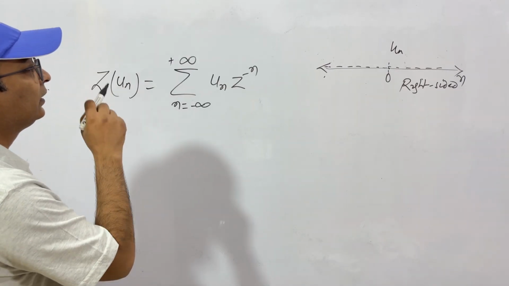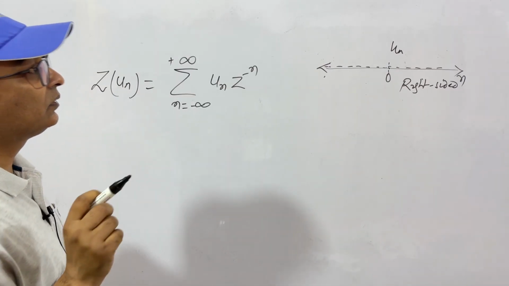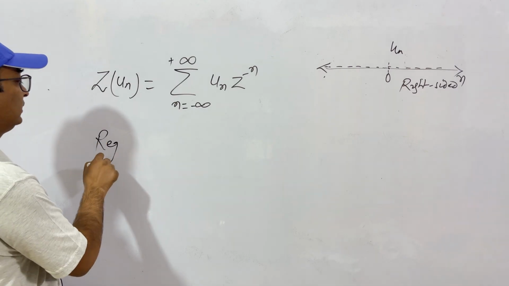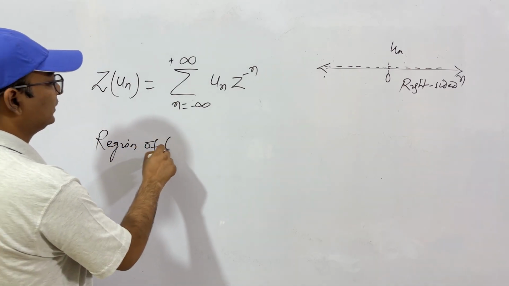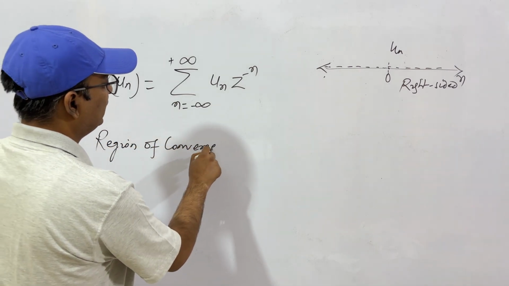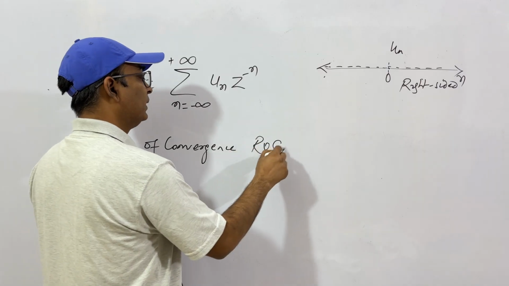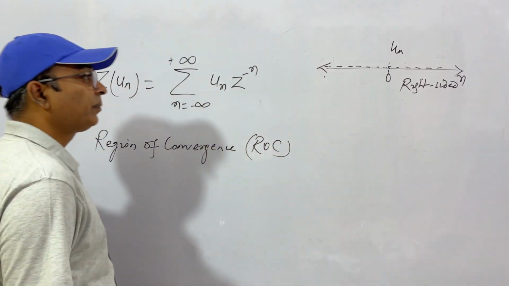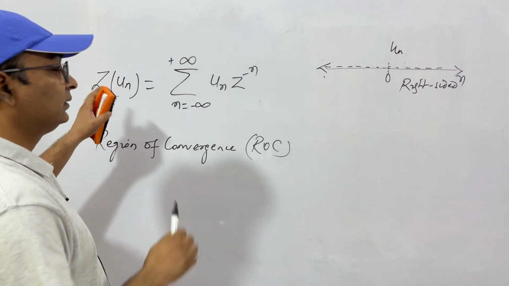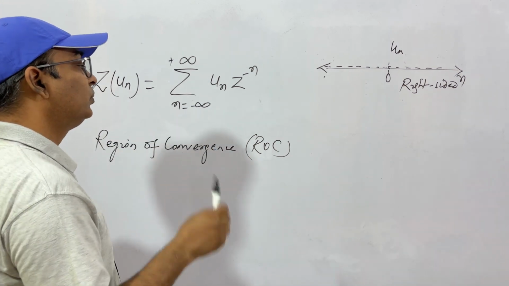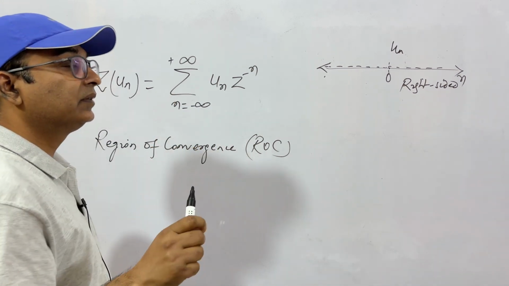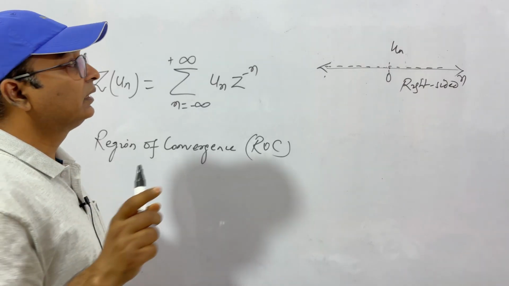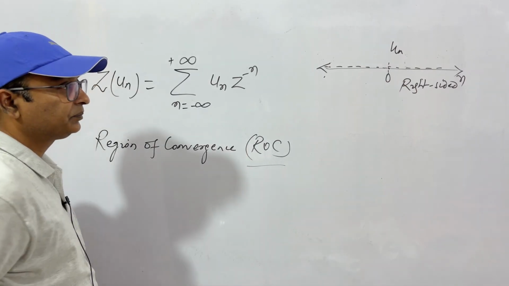Clear? And what is region of convergence? In short we write ROC. This is the n-axis. If we talk of the Z plane, the region in which this sequence converges absolutely is called the region of convergence.